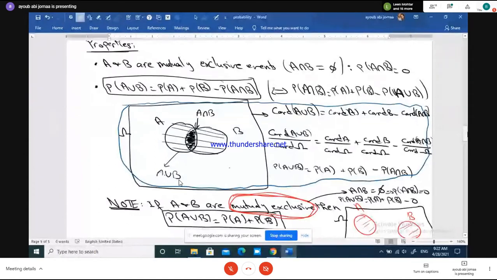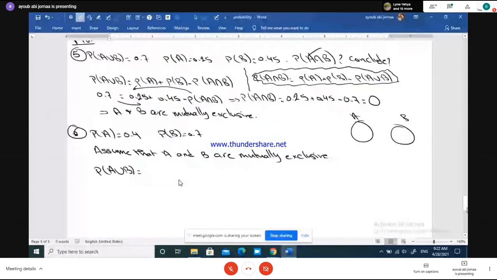So it's probability of A plus probability of B. ما في minus the intersection لأنه we said they are mutually exclusive, intersection is empty. طيب, what will be the value in this case? 0.4 plus 0.7. What will be the value in this case? Answer.